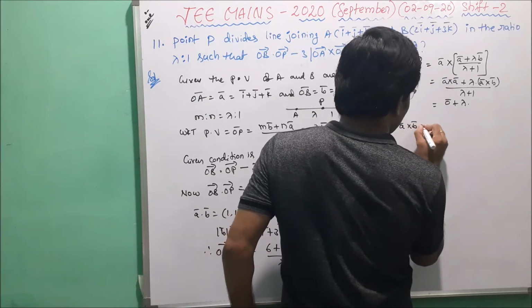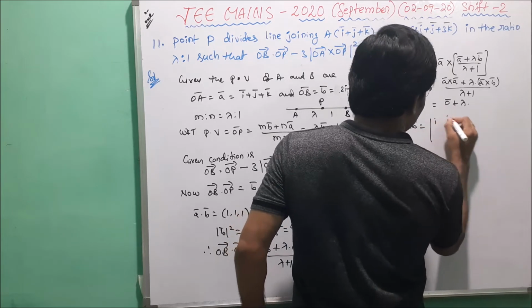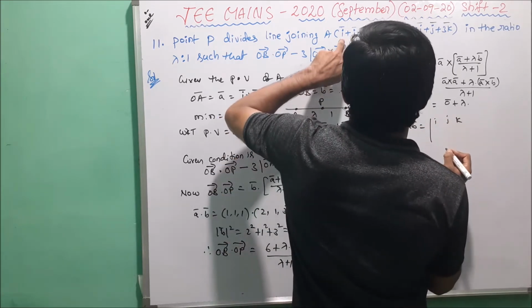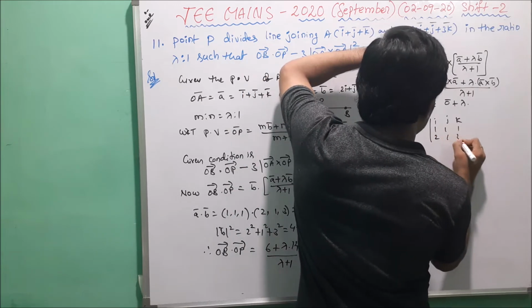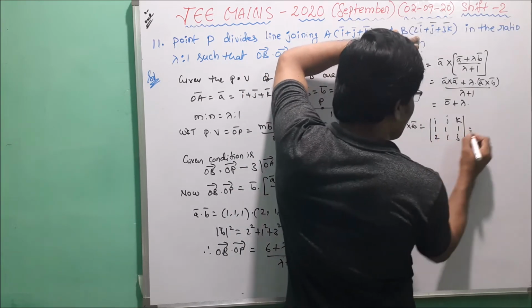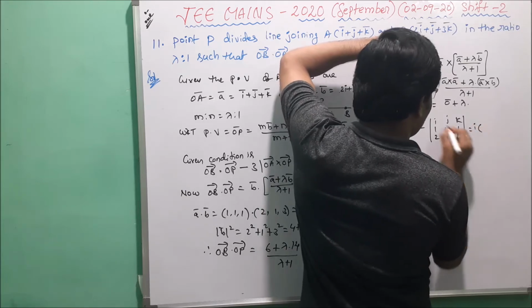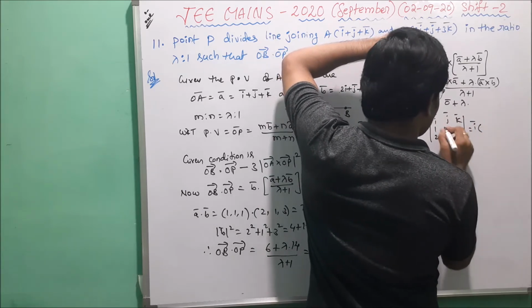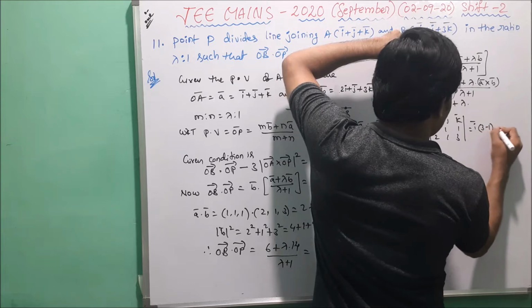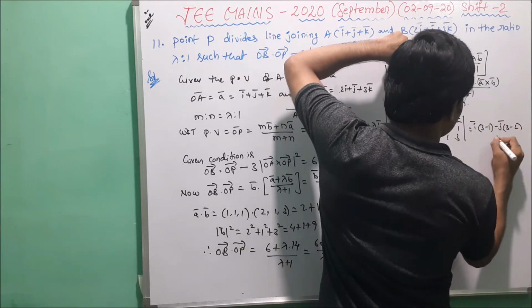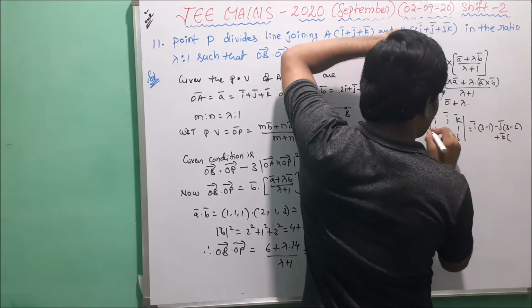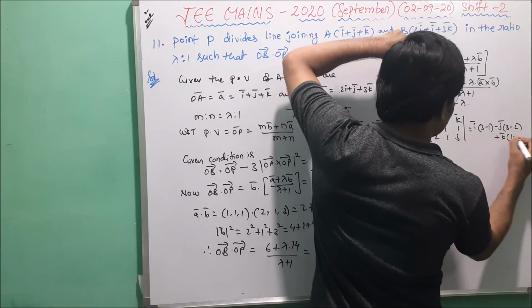A bar cross B bar means determinant i, j, k. A bar is i plus j plus k, so we take 1 1 1, and in this 2 1 3. That is i bar into (1 into 3 minus 1) minus j bar into (3 minus 2) plus k bar into (1 minus 2).